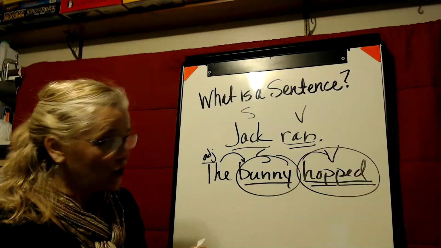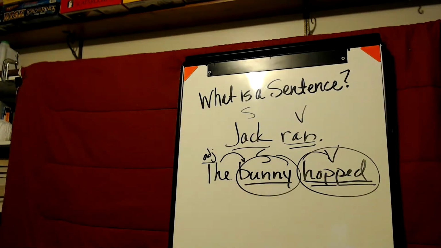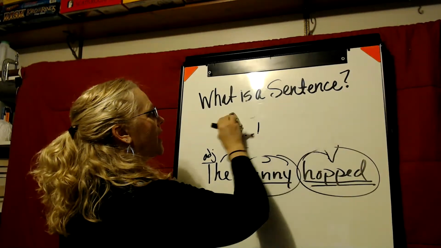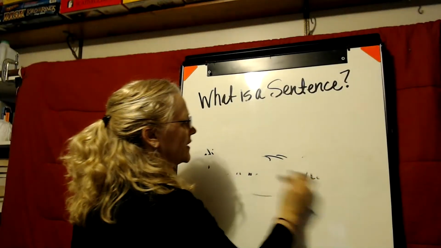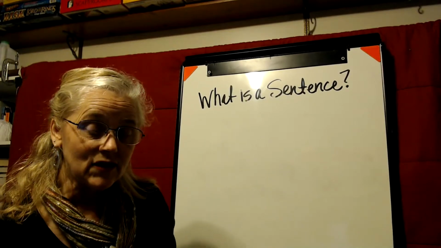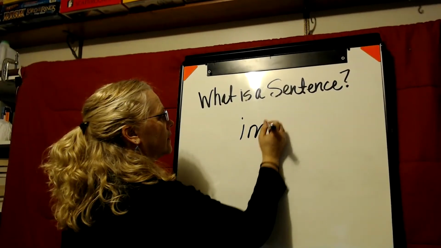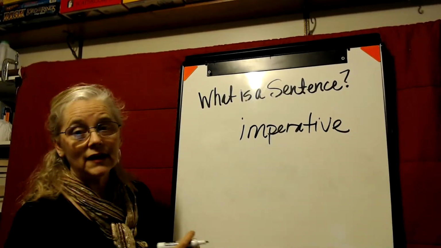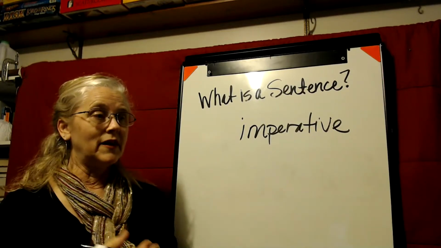I mentioned that you could have a one-word sentence. If I wanted to make a command, some of you have already learned this, that a sentence that is a command is called an imperative. An imperative sentence is a command, and it's when you tell someone to do something.